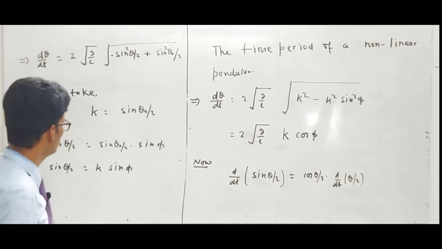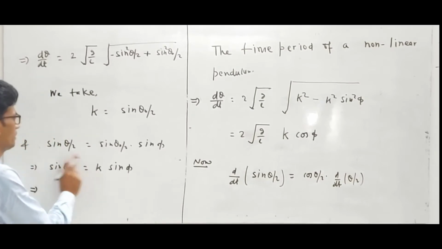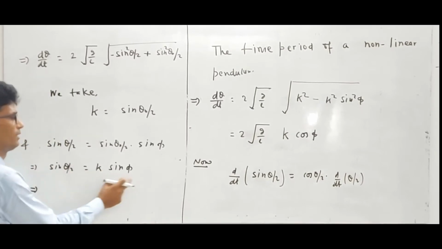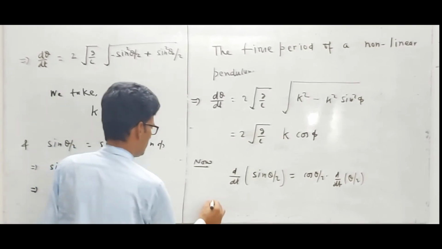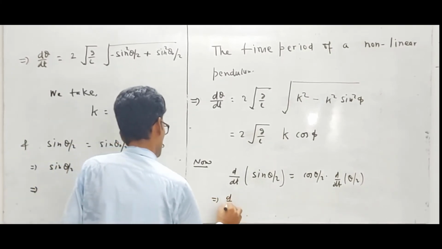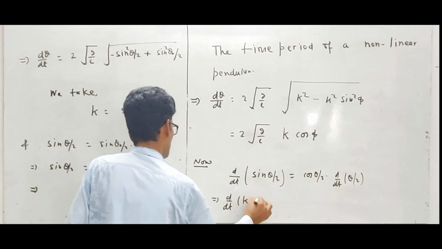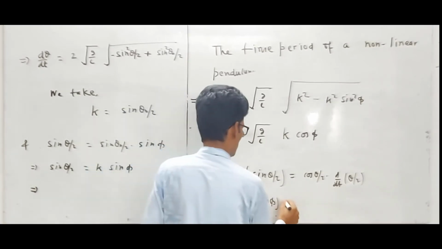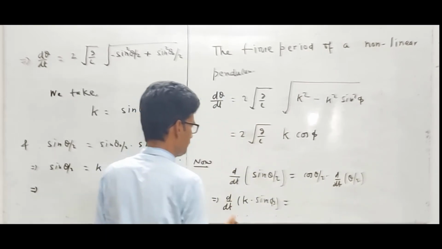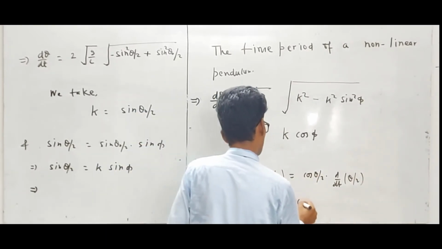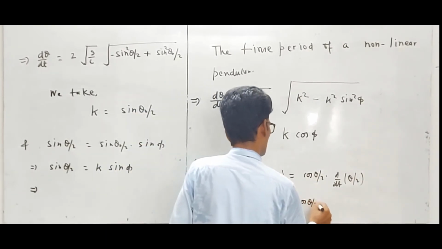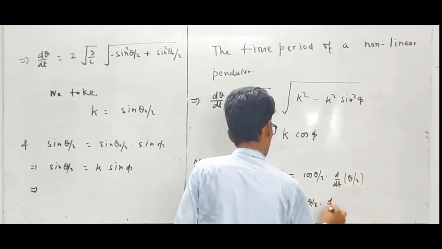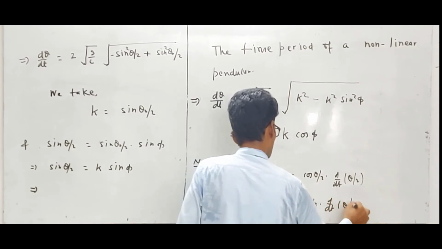What is sin theta by 2? Look at here. Sin theta by 2 is taken as k sin phi. Put it here. d by dt of k sin phi. Now this is equal to what? Cos theta by 2 d by dt of theta.